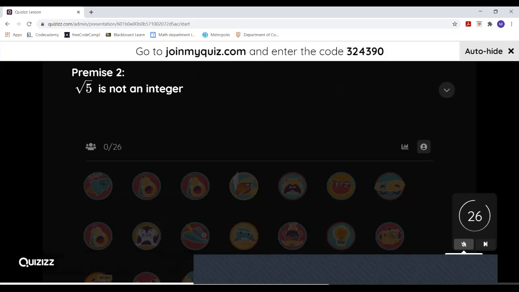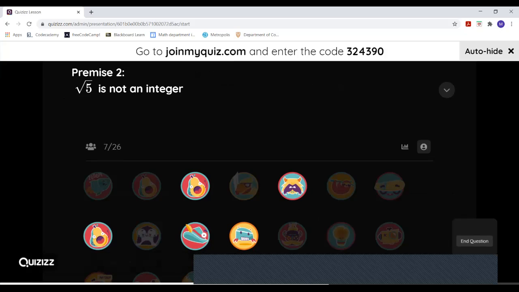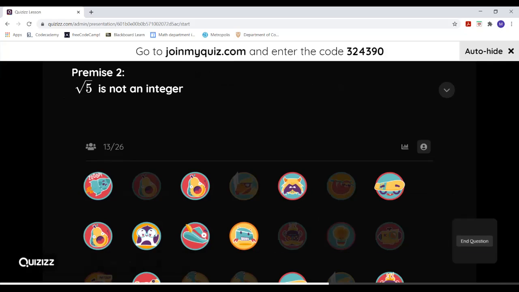Okay. Root 5 is not an integer. So if I want to draw that Venn diagram, spend a second to think about this one. I'll give you a hint on that one. A lot of people, I think, see 2 pictures right away, which I hope you're rejecting. And then you look at 3 pictures, and what do we know about it relative to that other thing that we see there?